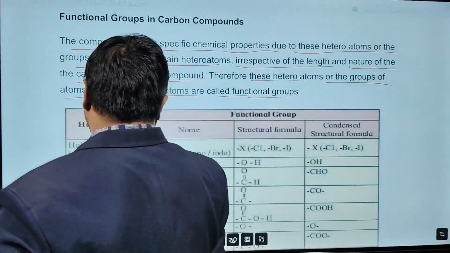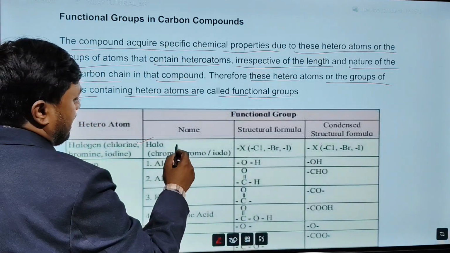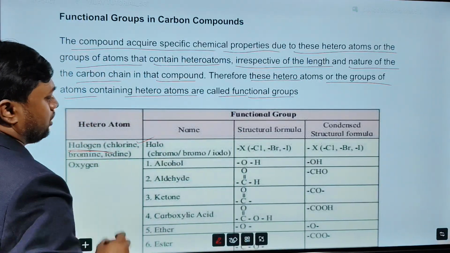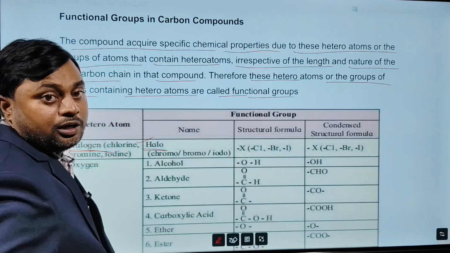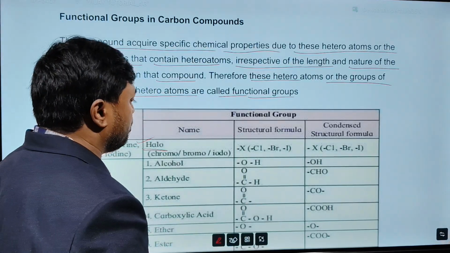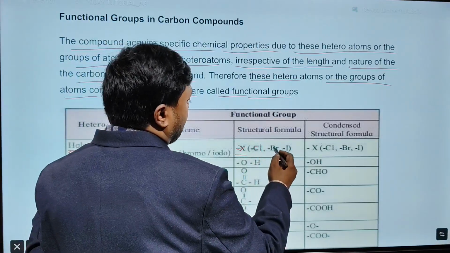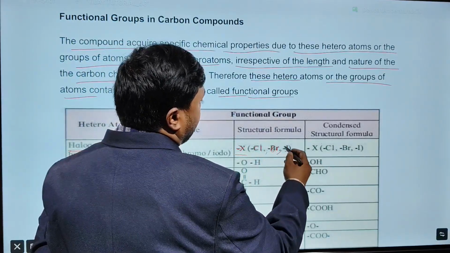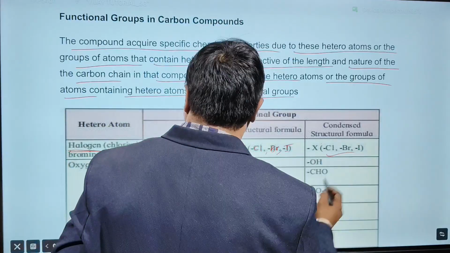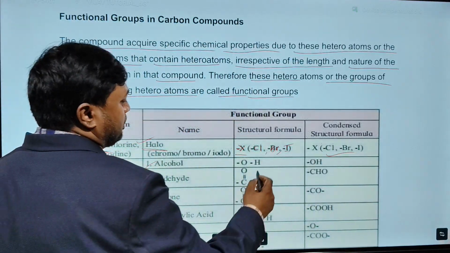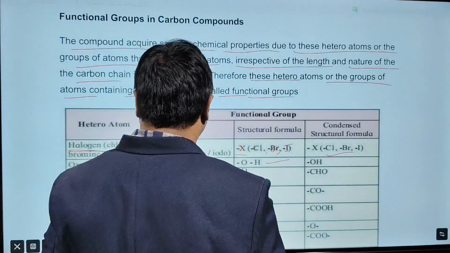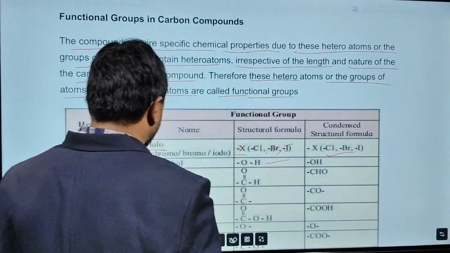In our syllabus, we have halogen, which is one functional group. To name it we use the prefix halo. It is generally written as X, where X may be chlorine, bromine, or iodine. Then alcohol, the OH group, where the suffix we use is ol.